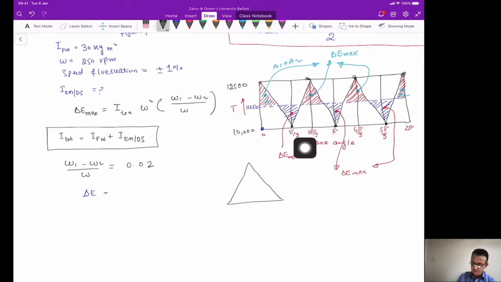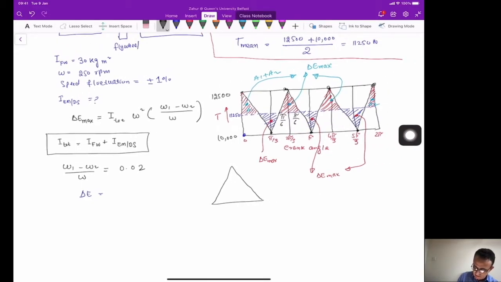So it's pi by 3 from here to here, which means it is pi by 6 from here to here. So this is pi by 6, and this is also pi by 6. So the total length from this point to this point is pi by 3.